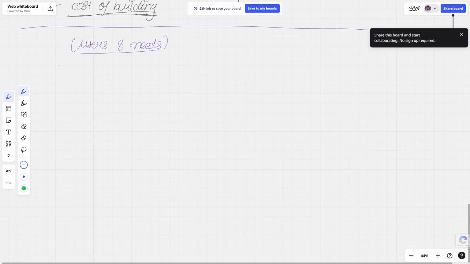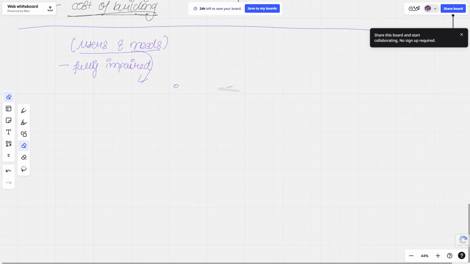So we are already told we are building for fully impaired, and if we talk about the needs of these people, the first could be locating the ATM. This could be the first problem according to me.